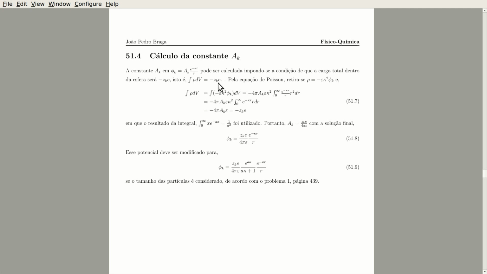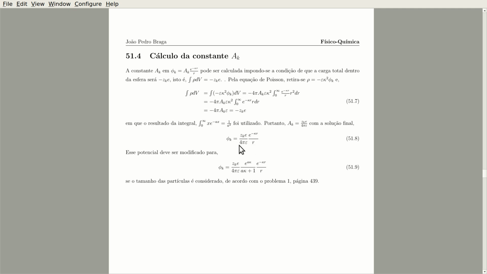The whole charge is equal to the total ionic atmosphere charge. So you integrate this. You can integrate from 0 to infinity, and it's a very simple integral like this one. And if you equate the two terms, you get AK, which is this one.